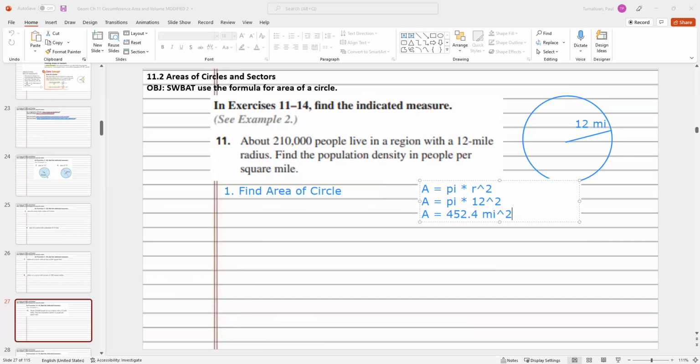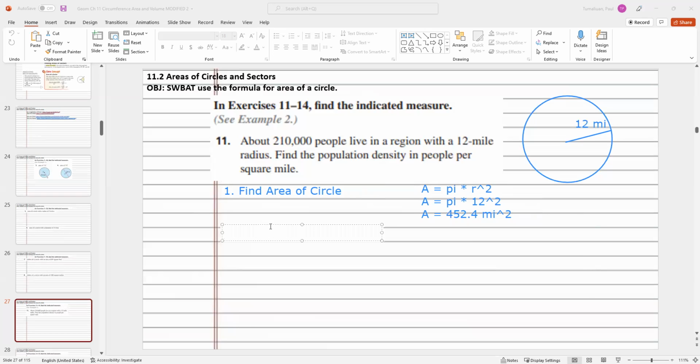So what you want to do is try to copy and paste what you got on Desmos and then put it into the formula. Okay, so I'm going to say 452.4, but I'm actually going to put 452.3893421 into the calculator.